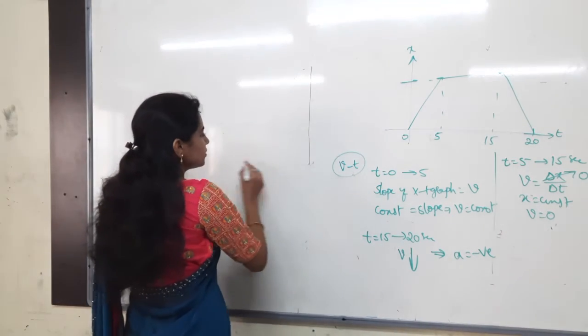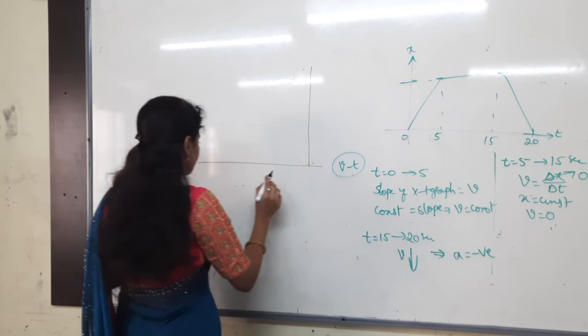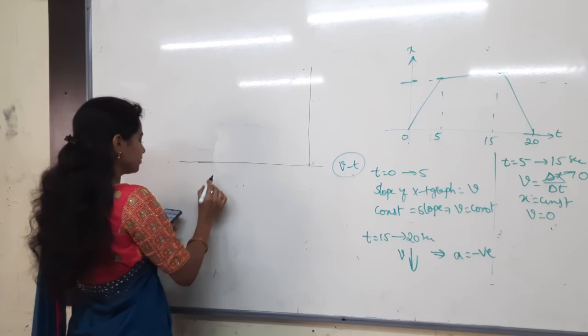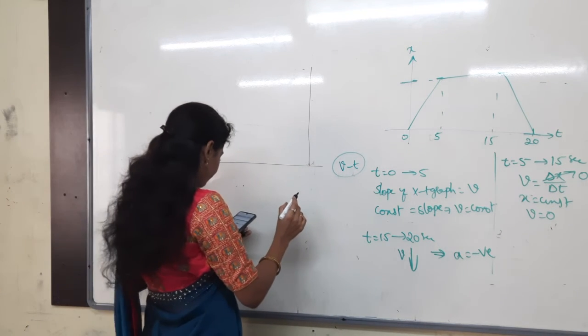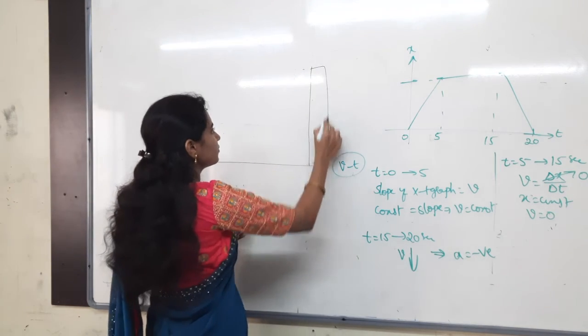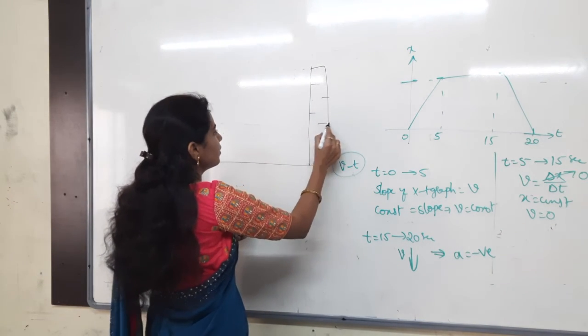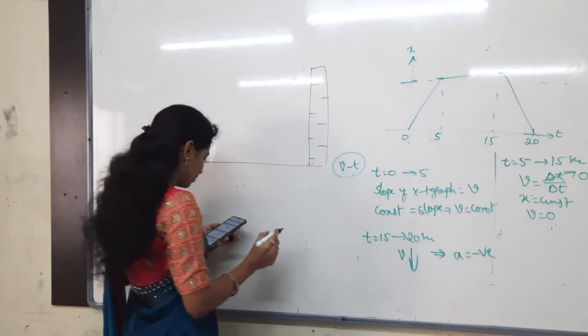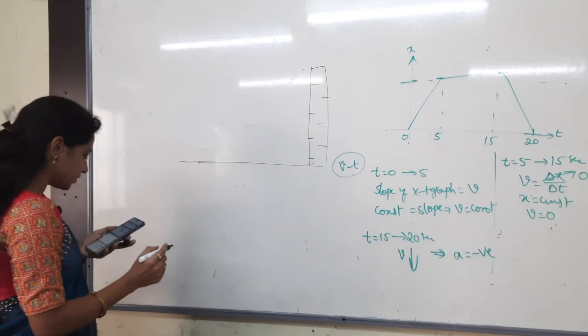Brakes produce a retardation of 5 meters per second square.